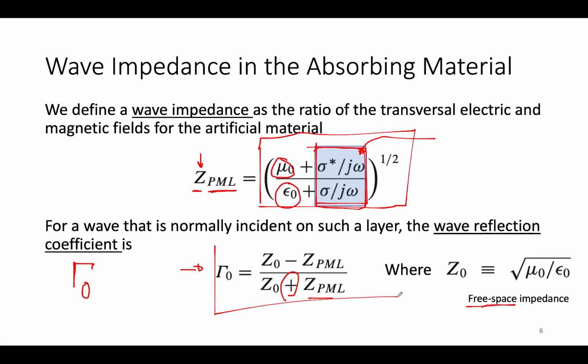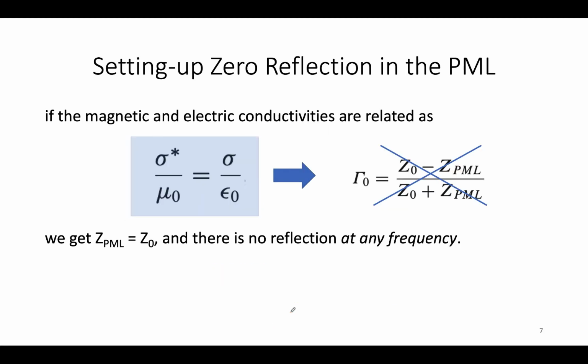So this is the equation here. What we want in the case of the PML is to have this wave reflection coefficient equal to 0. And that's how we are going to design the material surrounding the simulation domain.